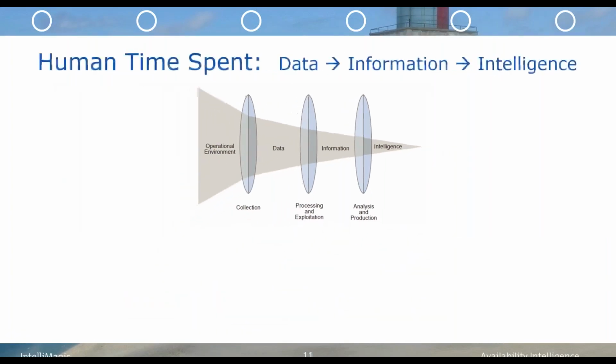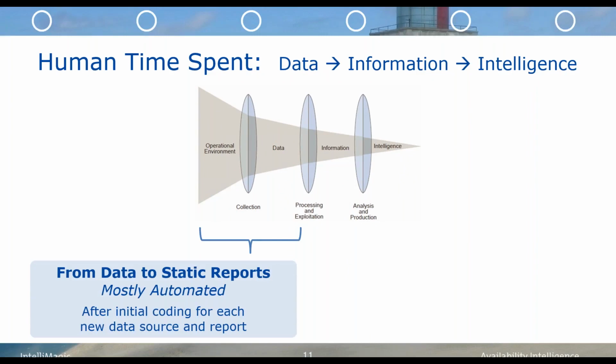Today, with the antiquated reporting processes that most people are using, most of the reports are created automatically, so you don't have to spend a lot of time on that unless there are new record types or changes to the reports, which often requires programming. Or even worse, if you're using a vendor to deliver static reports that can't be customized on the fly, that can lead to a lot of time spent.